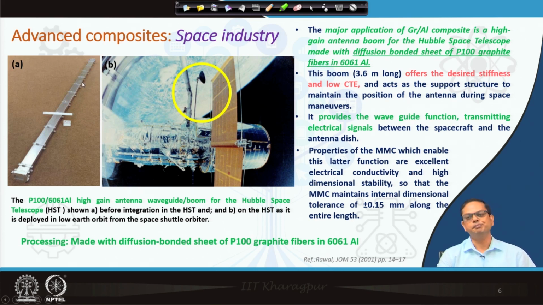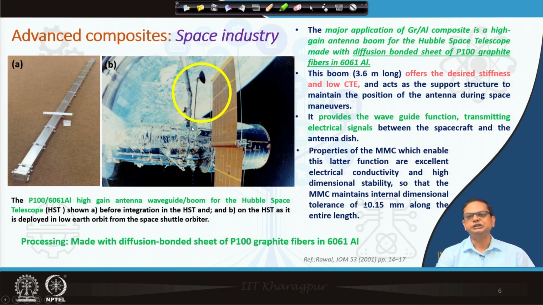And this is made nothing but by aluminum graphite composite material. So, again this is aluminum matrix reinforced with graphite fiber. You need very high stiffness because of this long structure, and then there is a heavy weight supported at the top end. So, obviously, it must have very good stiffness.